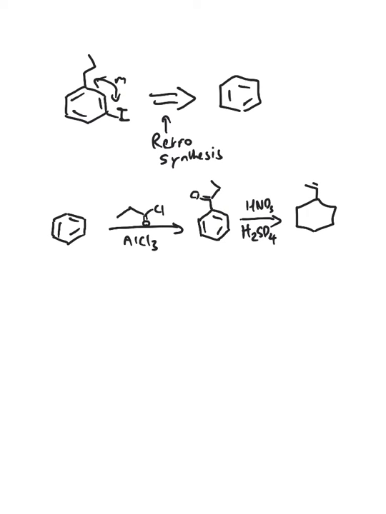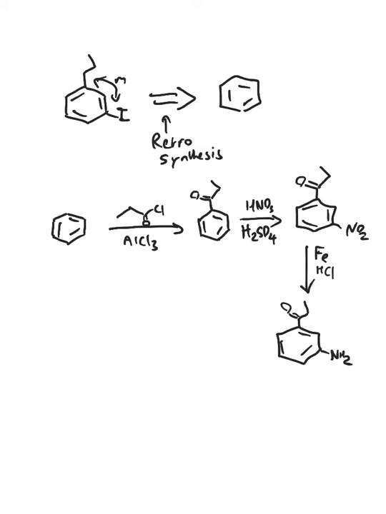And we will get meta substitution, which we can then convert with iron and HCl to give us the amino group of the amine, which now we can convert into the iodide, NaNO₂ and H₃O⁺, followed by KI, because we want an iodide there.